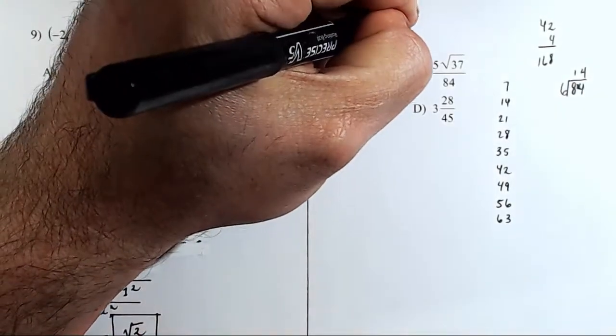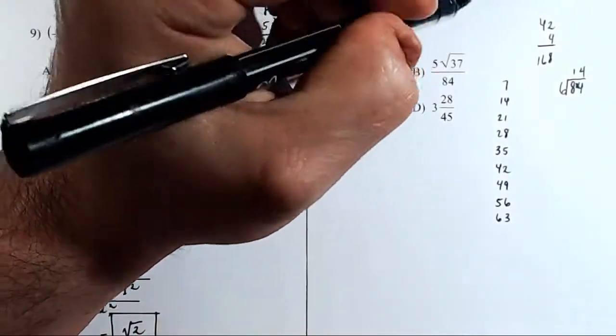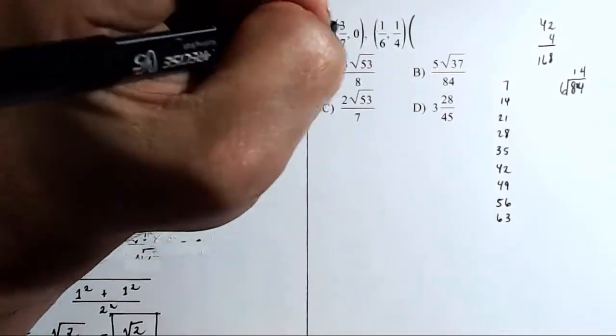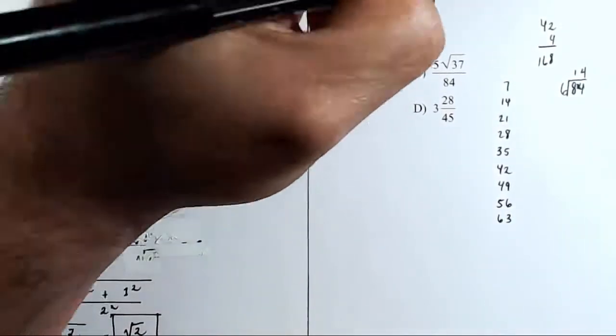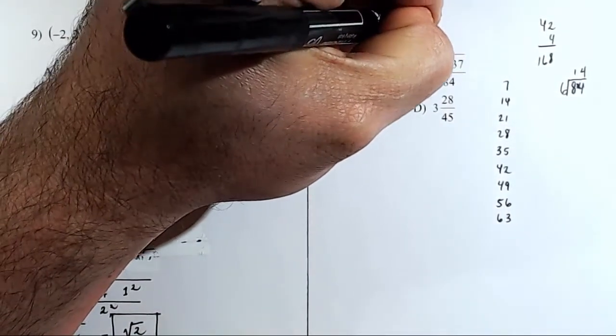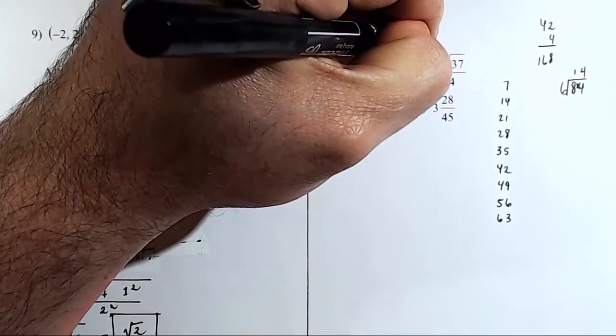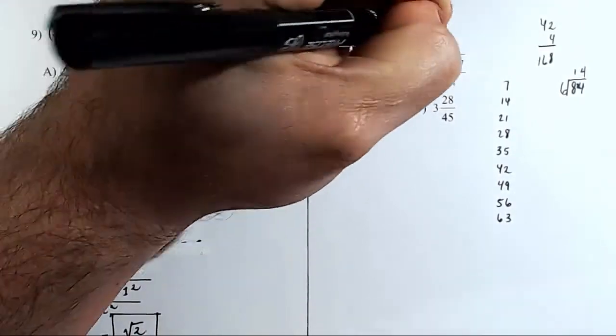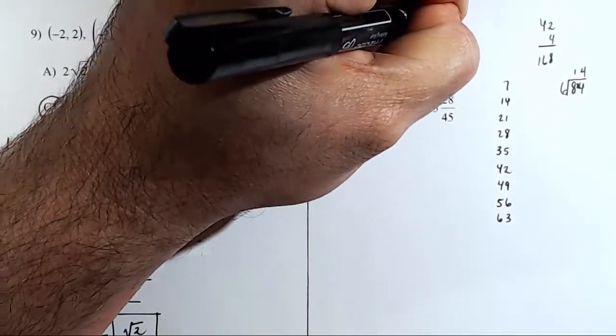So I need to multiply here. 84 is going to be the denominator here. So that means I need to multiply 3 times 12, and that'll be 36 over 84. Okay, comma 0. That's a blessing.